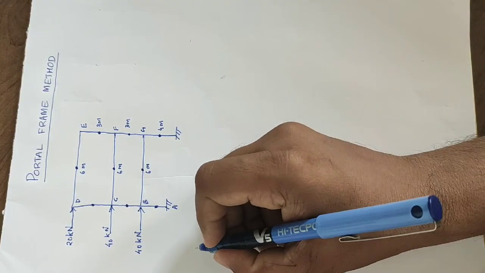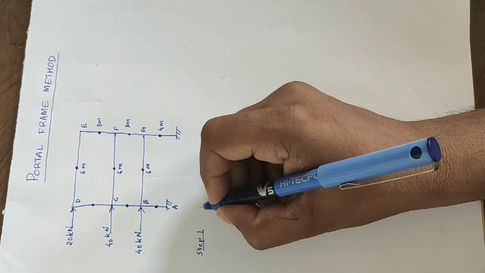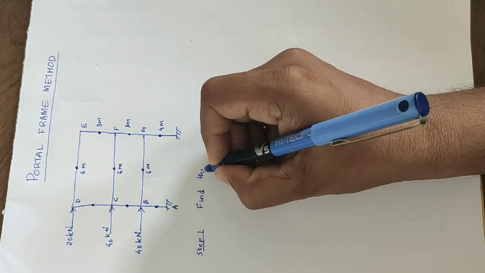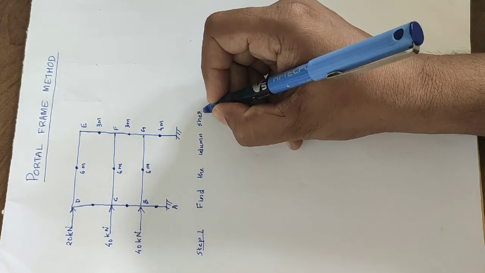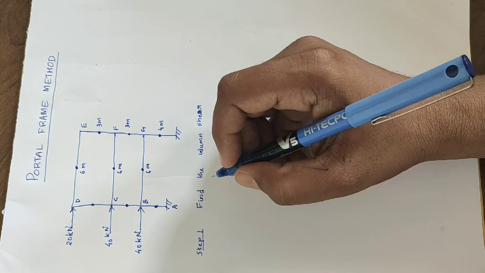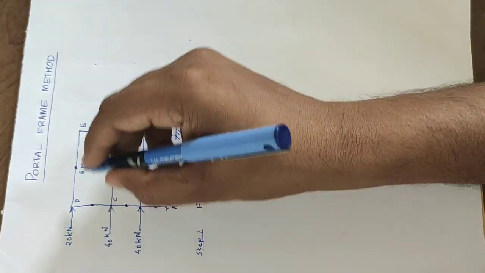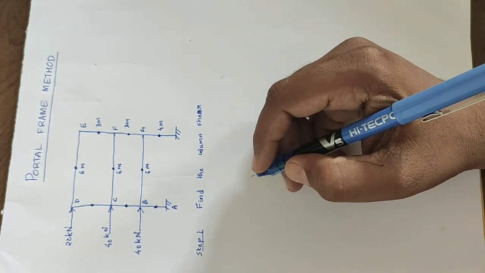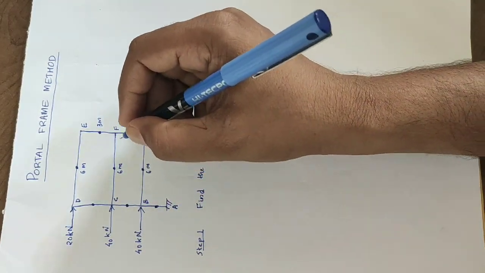The first step: 1, find the column shear. So for that, I am trying to detail the top floor. So that is DE, and you can name the midpoints as another naming.